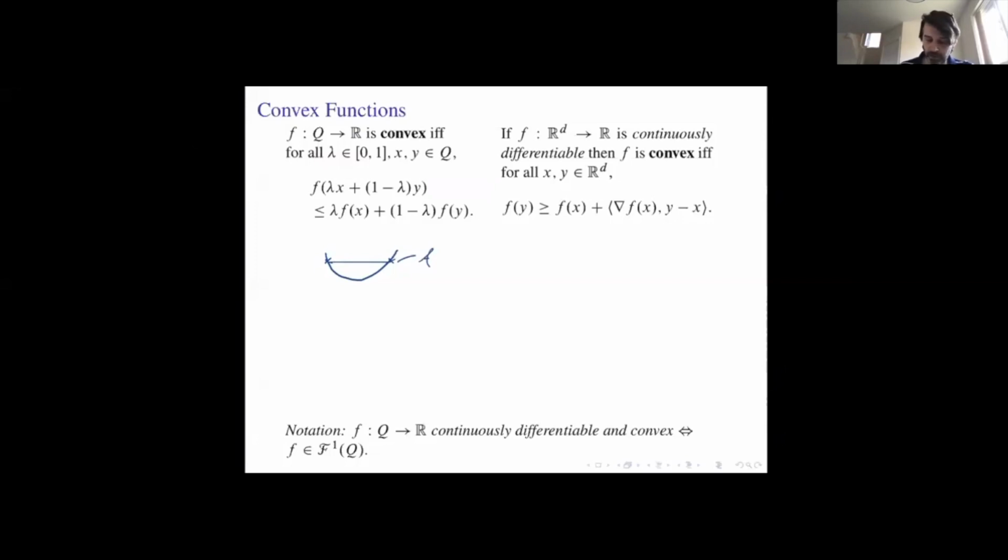So for instance, if we take a point somewhere here in the middle, then the convex combination on this line must be above the corresponding function value here. So that is, I would say, the most common definition of convex functions. This again has to hold for all x, y in the convex set and for all scalars. So essentially any possible line between points has to stay above the graph of the function.